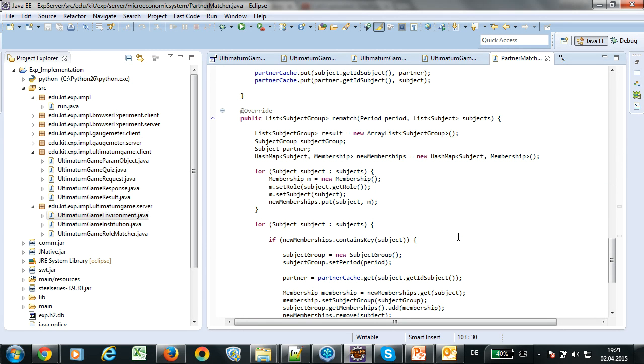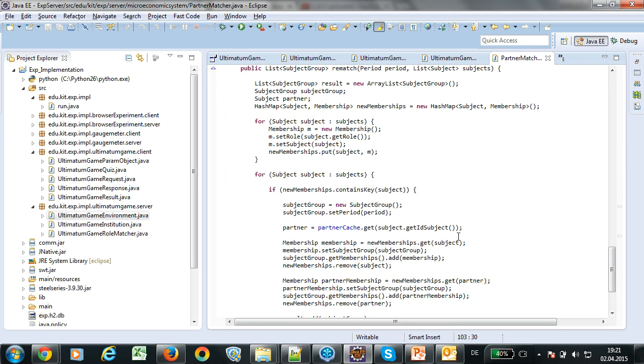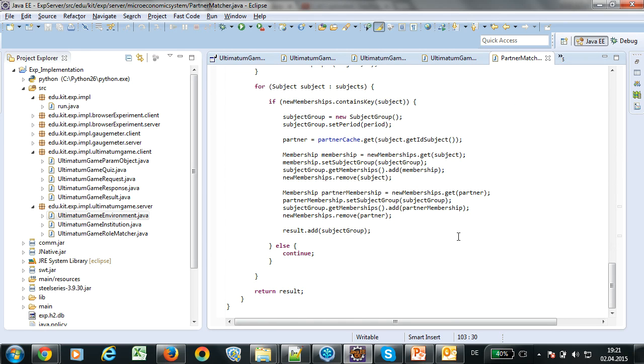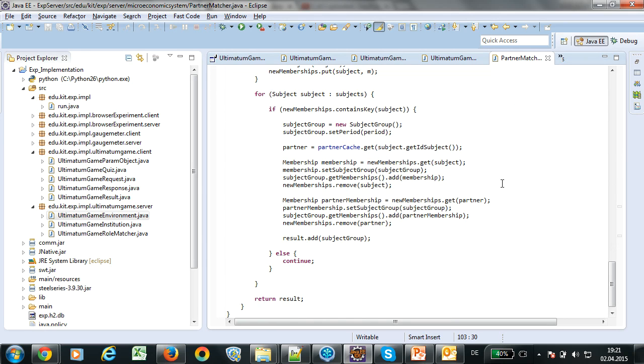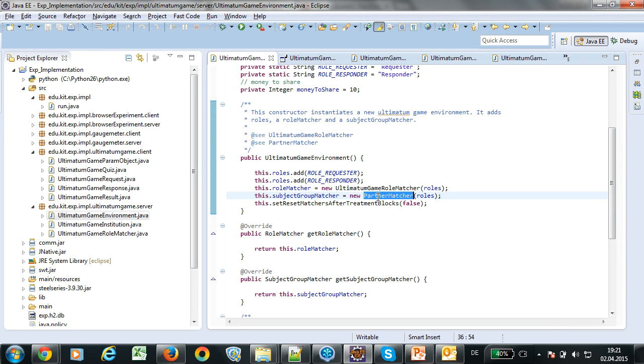So you can implement a perfect stranger matching algorithm in this case if you're interested. So this is the subject group matcher, and here you also specify if you want to reset the matchers after treatment blocks or not. So whether you want the same logic to persist across different treatment blocks, or you want it to be reset after each treatment block, and so on.